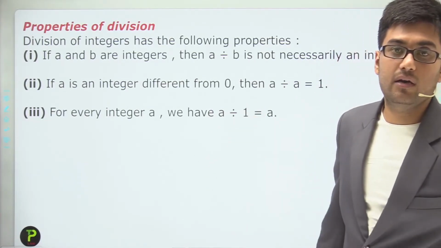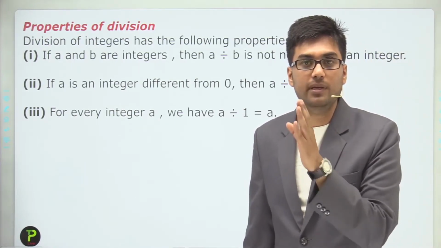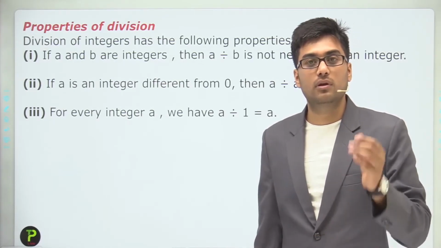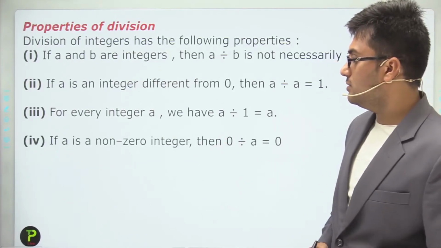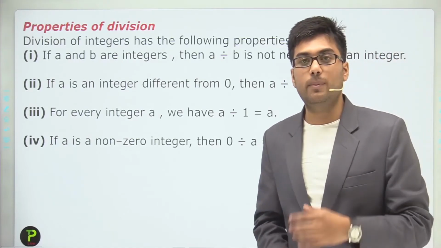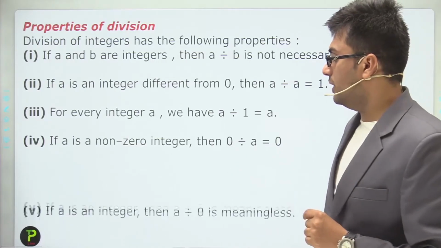If we divide an integer by the same integer, the quotient should be 1. If we divide an integer by 1, the quotient is the integer a. Now, if a is a non-zero integer, then 0 divided by a is 0.